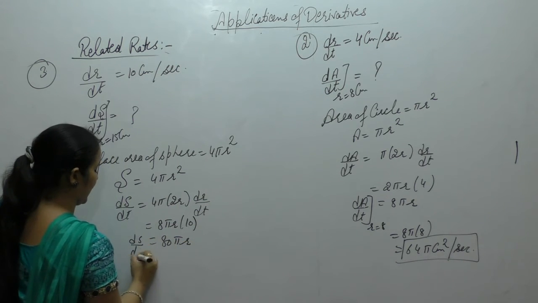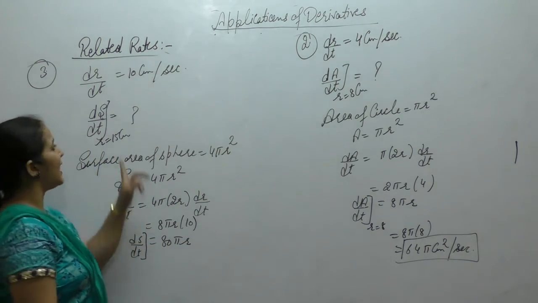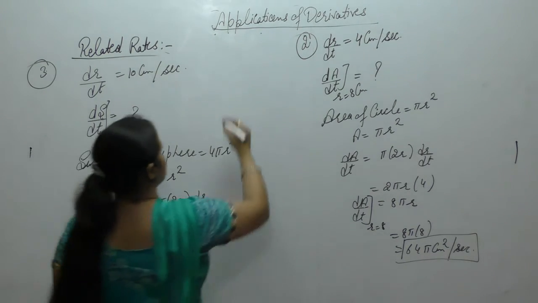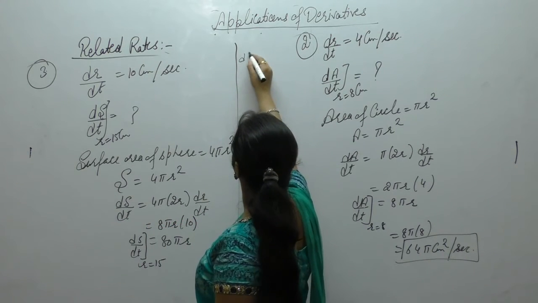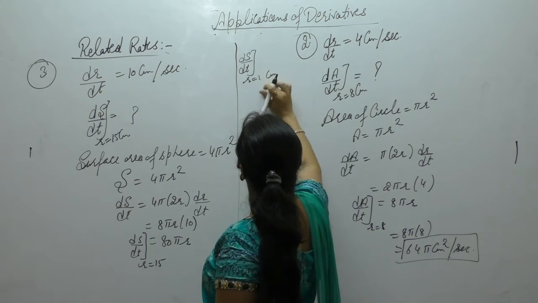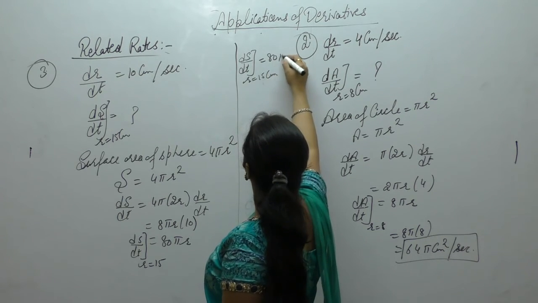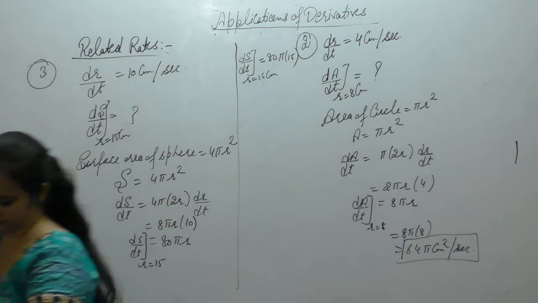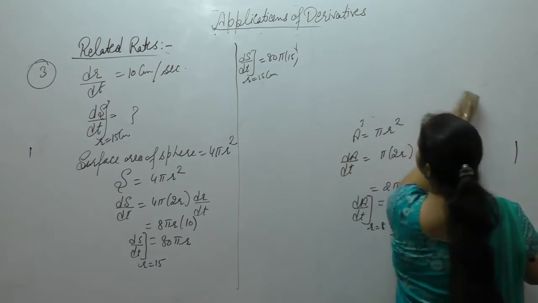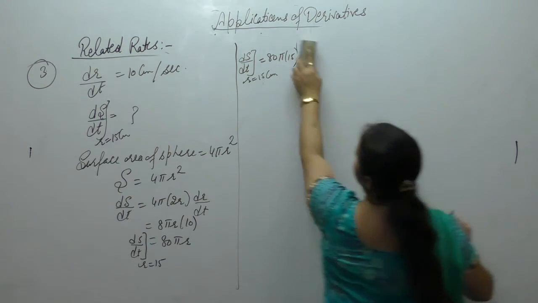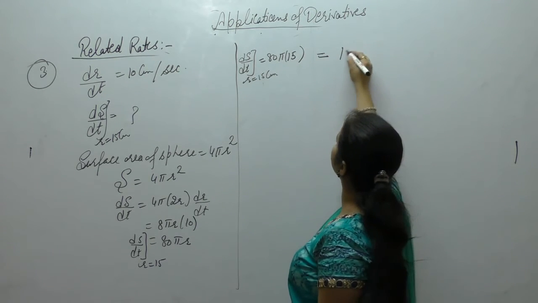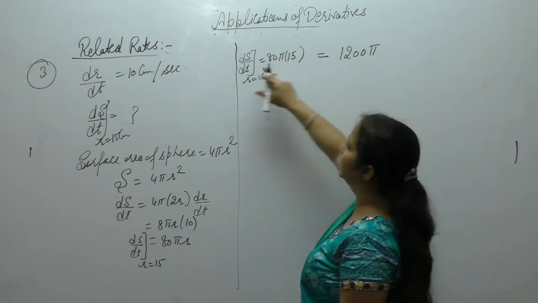Now we want to find the rate of change of surface area when r is equal to 15. So put the value of r as 15. dS by dt when r is equal to 15 centimeter is equal to 80 pi into 15. 15 into 8 is 120, so 1200 pi.